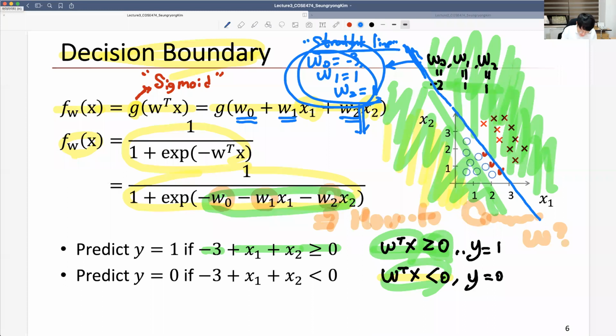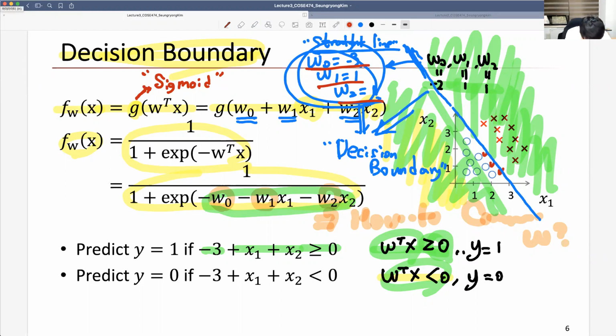Then in this case, this function is called the decision boundary. In other words, the goal of the classification problem is to estimate the decision boundary, defined something like this. This is our goal. So, for example, in this case, the optimal solution was W0 equal to -3, W1 equal to 1, and W2 equal to 1.